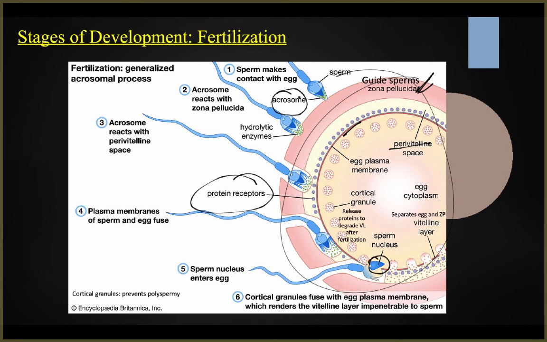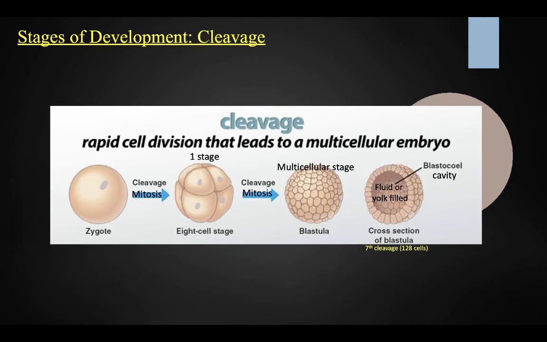Now, the cortical granules that you see here fuse with the egg plasma membrane, which renders the vitelline layer impenetrable to other sperm. So it prevents polyspermy, which is having more than one sperm fertilize an egg. So this is the process of fertilization that will create our diploid zygote.